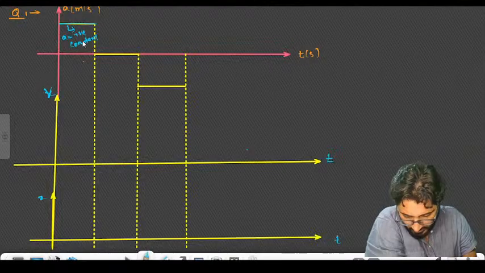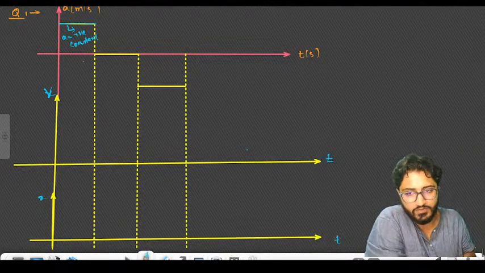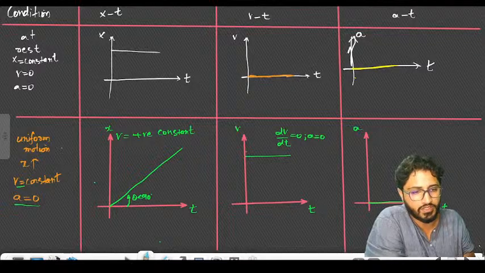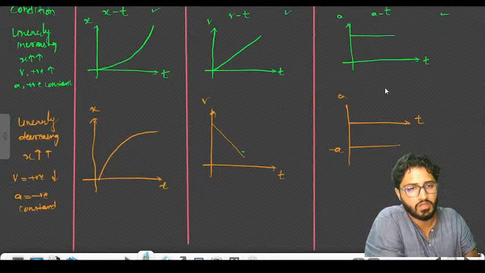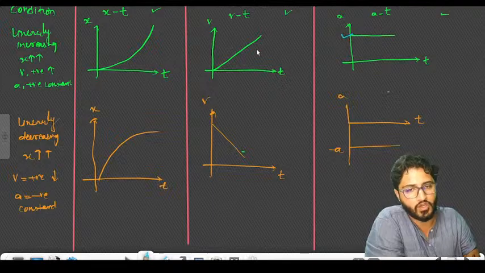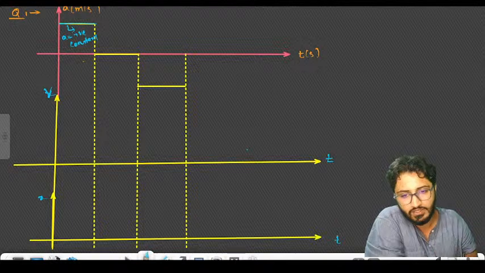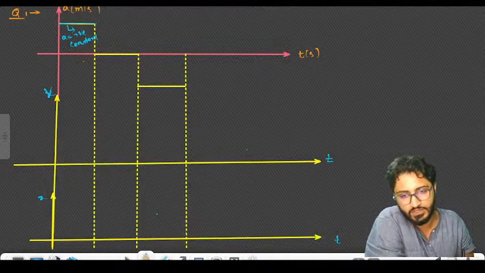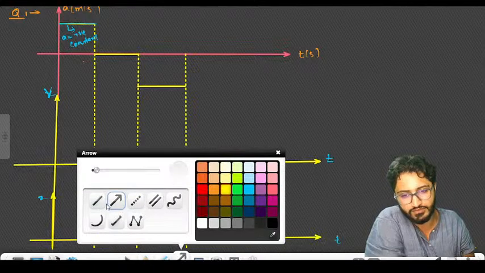So what will be velocity time? Look now here. Acceleration is constant, positive constant. What is velocity? Velocity will be a straight line from origin.